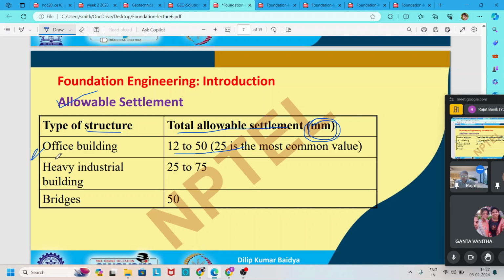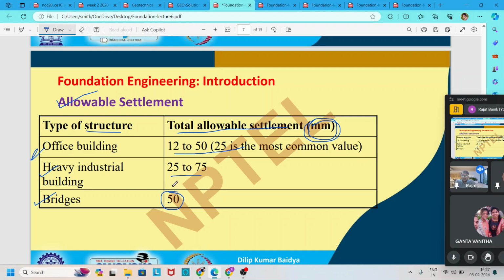Like that, for a heavy industrial building the settlement is about 25 to 75. That means it should be limited between 25 to 75 mm. For bridges, the settlement should be 50 mm.